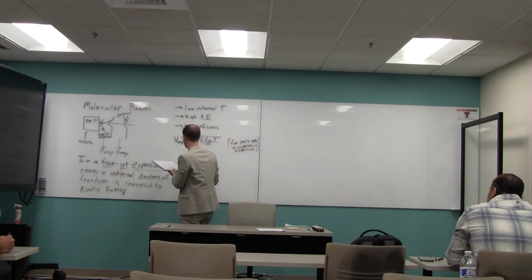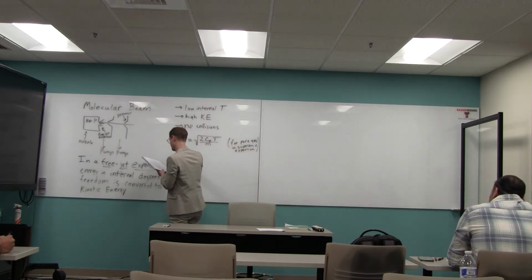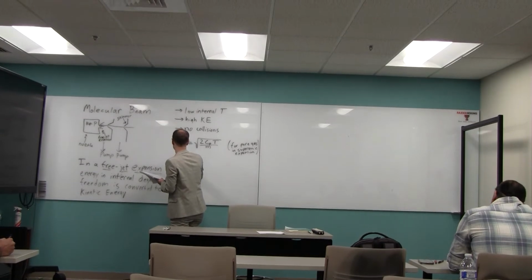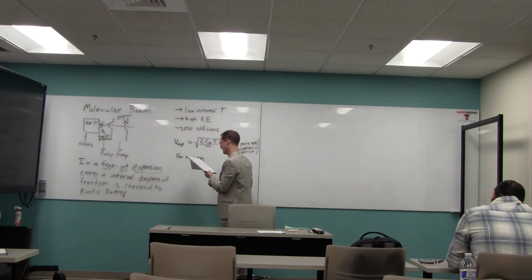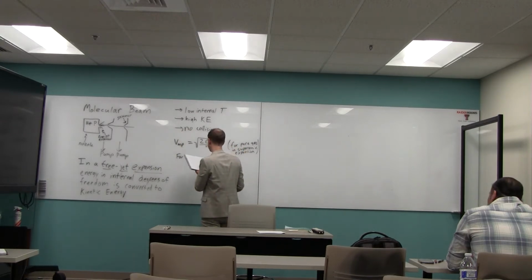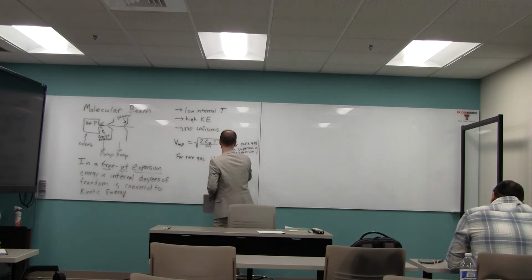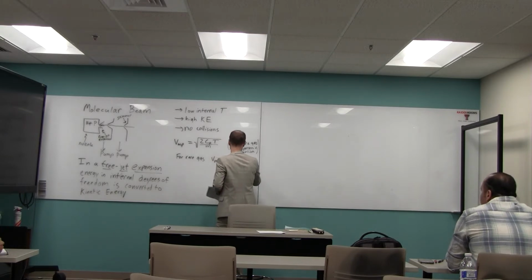Okay, so for example, if you have a rare gas, you end up getting most probable velocity equals root 5 kT over m.